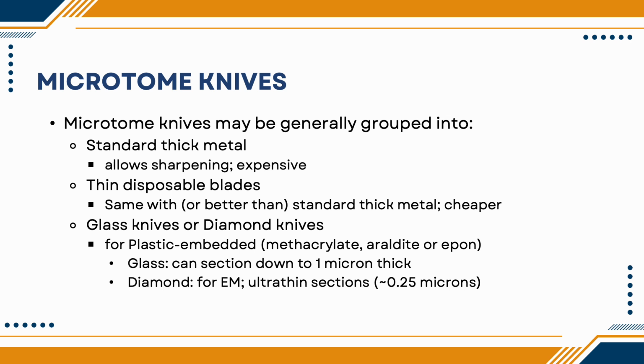Then you also have your glass knives or diamond knives. They are used for plastic embedded tissues such as those embedded in methacrylate, araldite, or epon. Glass can cut up to 1 micron thick, which is very thin. Diamond is used for electron microscopy to get ultra thin sections of around 0.25 microns.